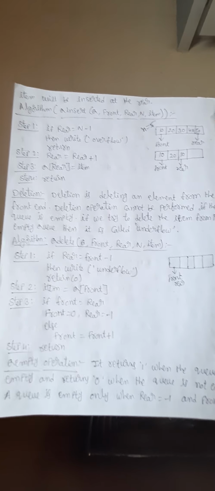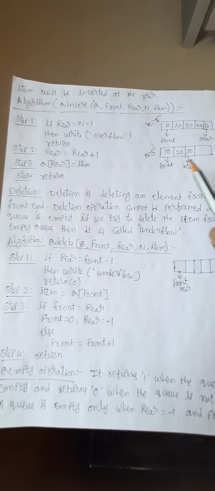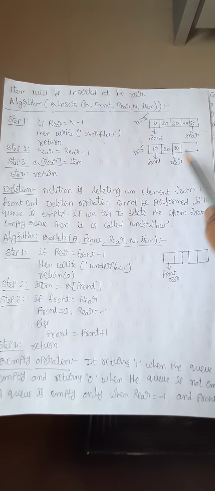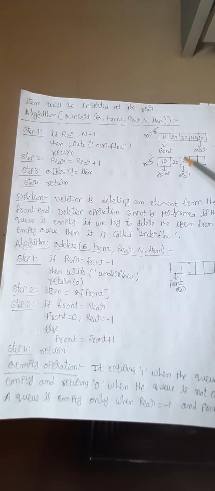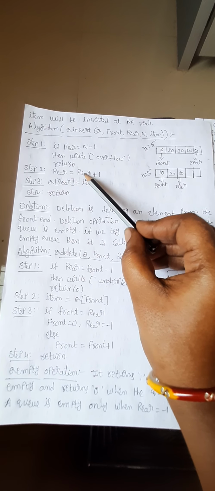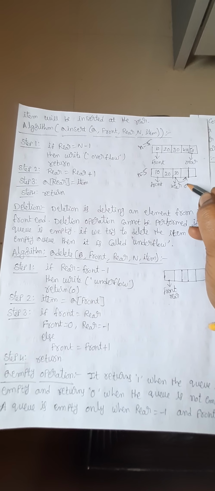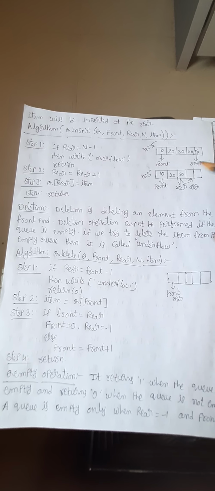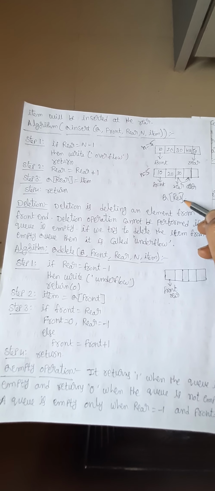Otherwise, see another example I have given, n equal to 5 and here it contains only 3 elements, so there is space to enter another 2 elements, so it is not overflow. Then the rear value will be incremented by 1, so it will move to the next position, and q of rear equals the item, we can insert the item.